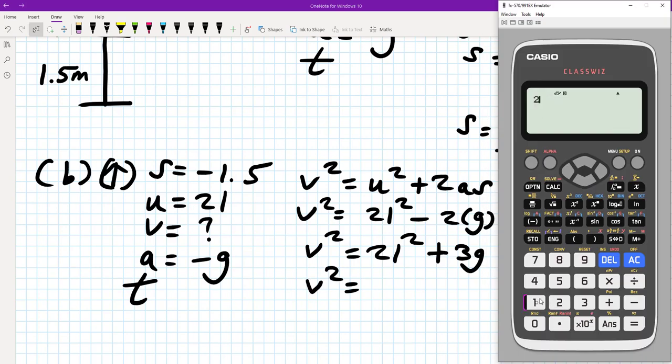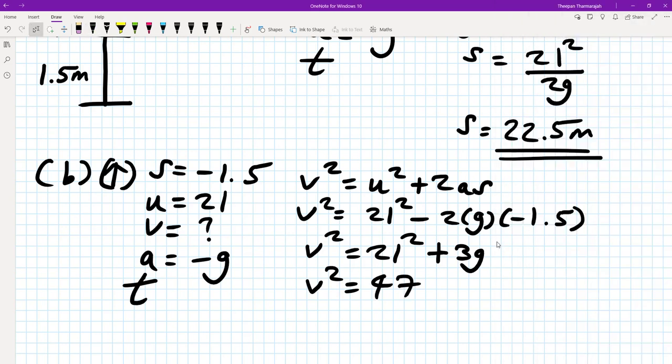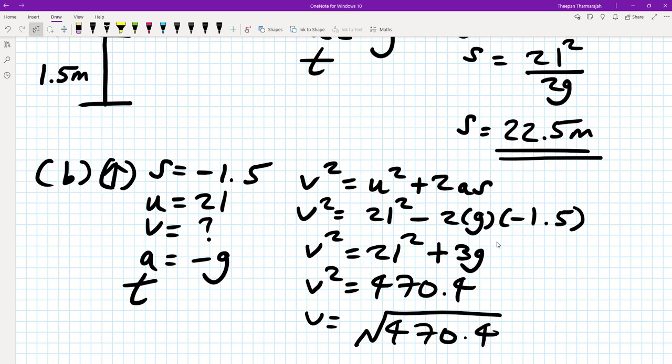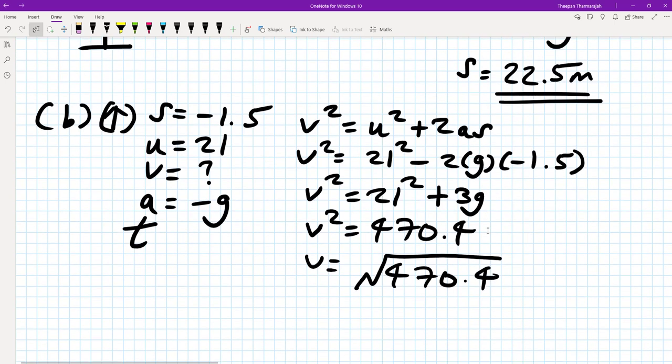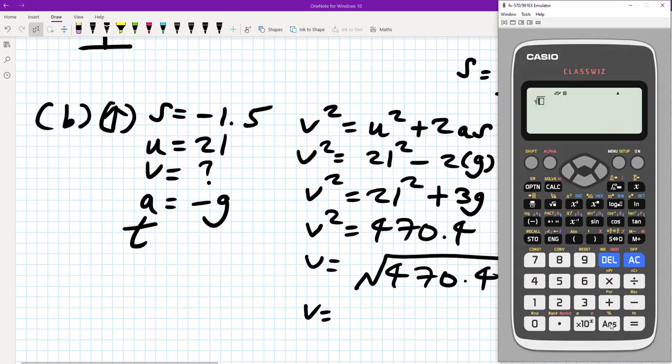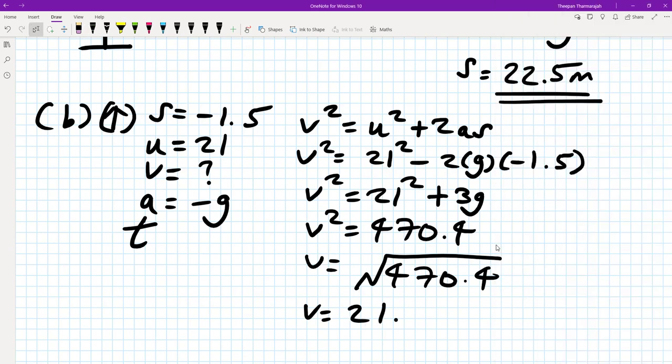So we're going to get 21 squared plus 3 times 9.8, which gives me 470.4. We're going to square root the answer, and round the answer to 3 significant figures. I get 21.7 meters per second. That's been rounded to the correct 3 significant figures.